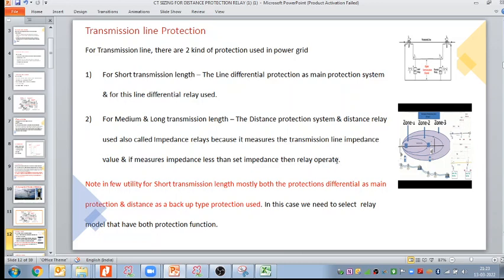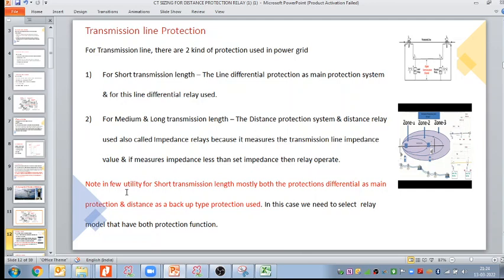So we discussed here that there are two types of protection we use for a transmission line, and that relay selection depends on the length of the transmission line. For short, line differential; for medium and long, line distance protection we take.